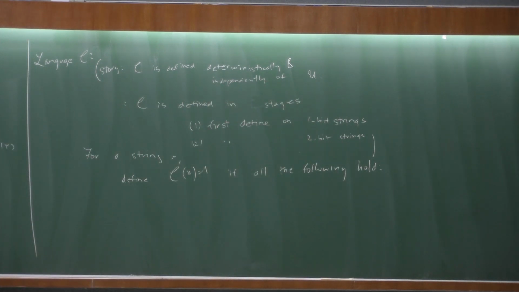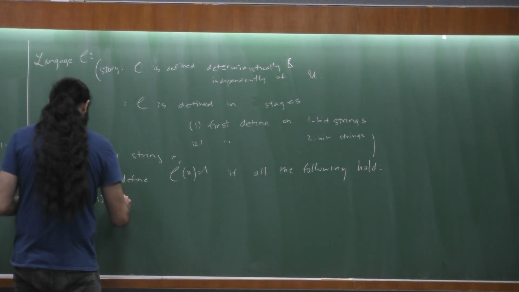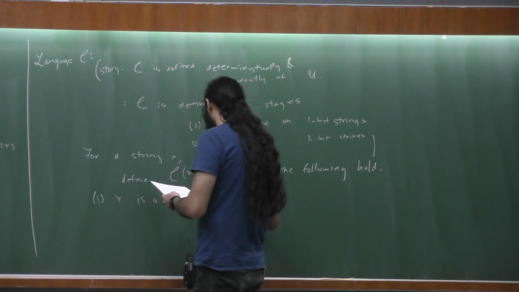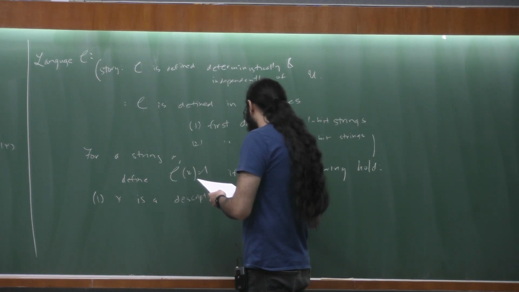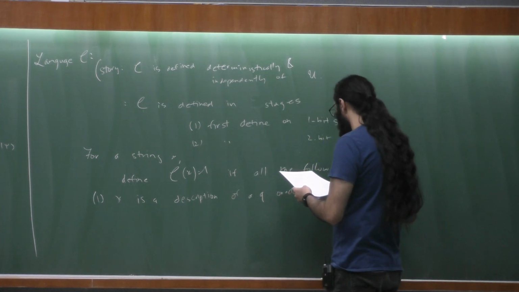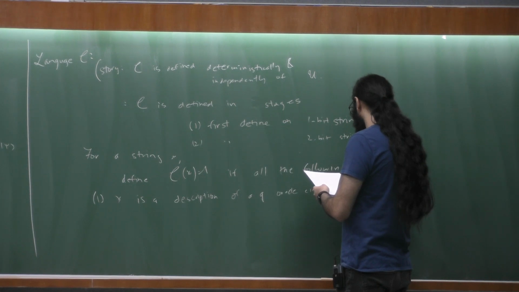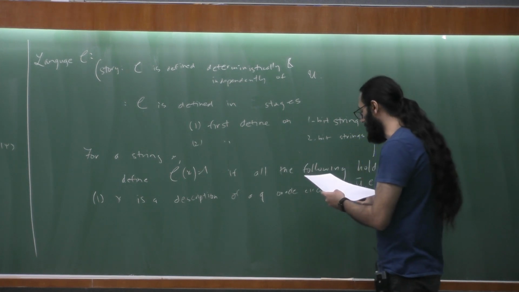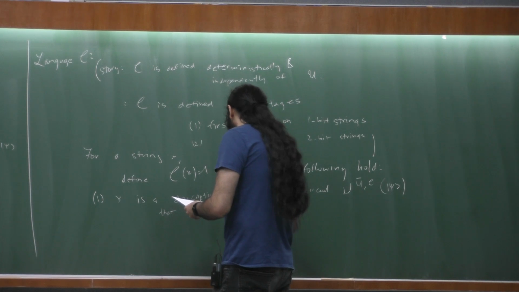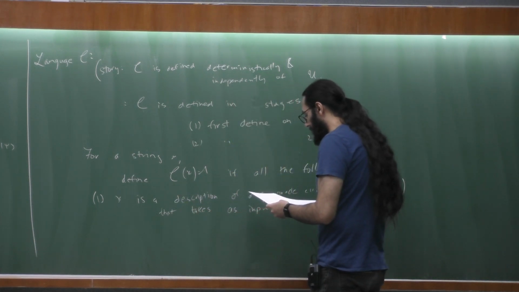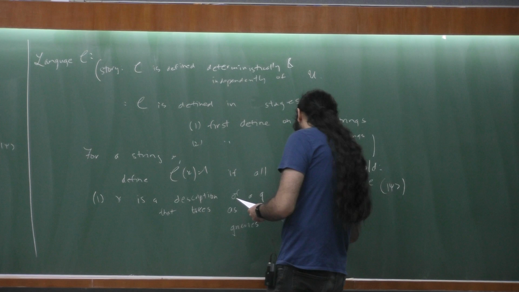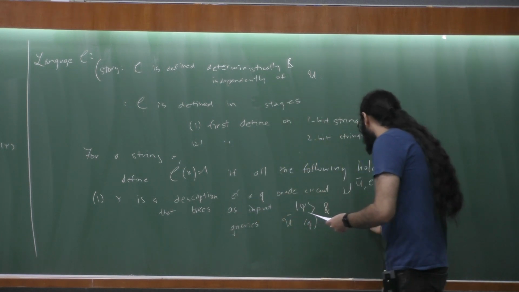The first condition is that x is a description of a quantum oracle circuit V^{U bar, C} acting on psi, that takes as input the quantum state psi and queries U bar, which is quantum, and C, which is classical.